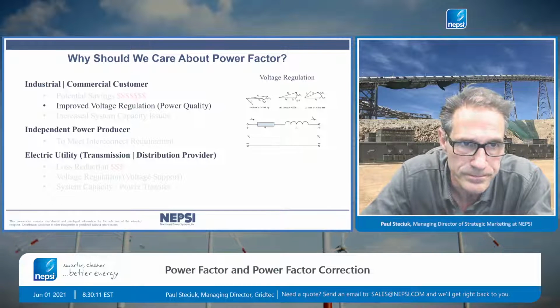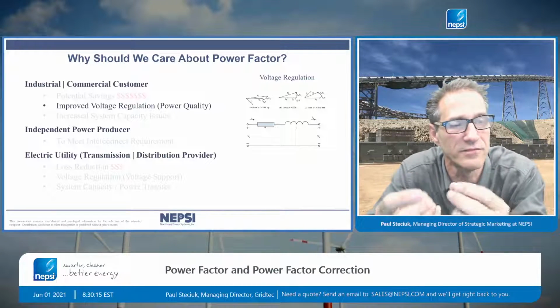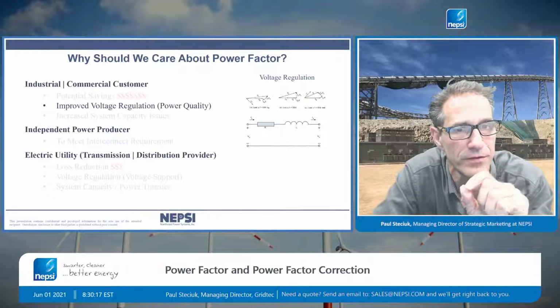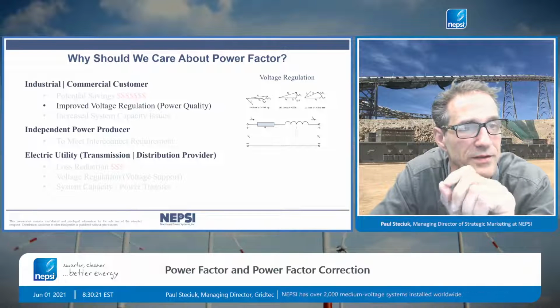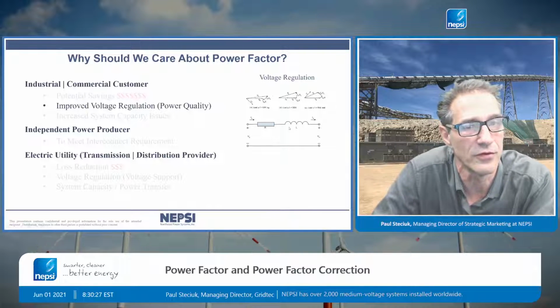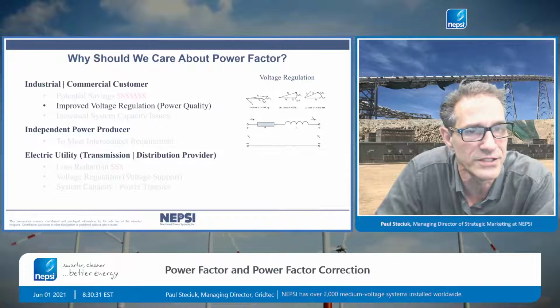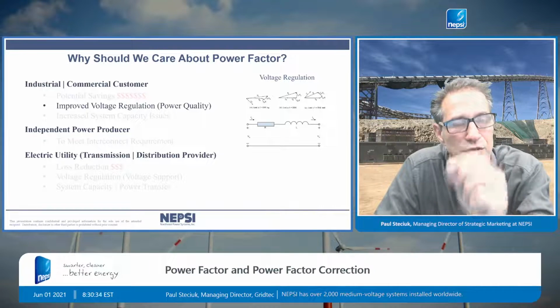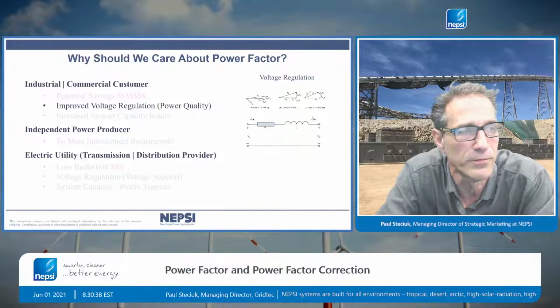And that leakage impedance times the reactive power current, the component of current that's 90 degrees out of phase, will result in a direct voltage drop on the system. So industrial plants oftentimes experience voltage regulation issues, meaning voltage drop as the load comes up in power due to poor power factor.